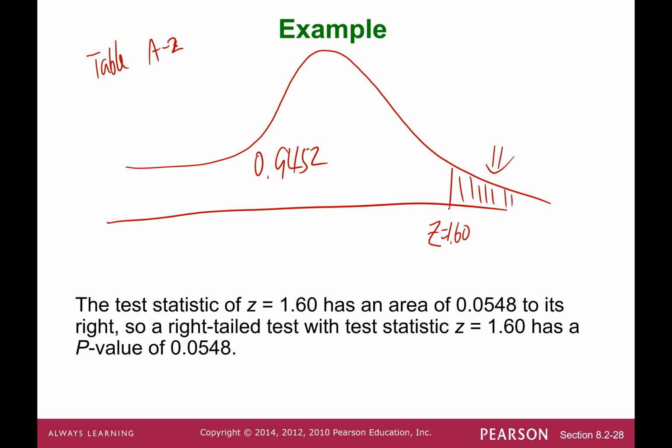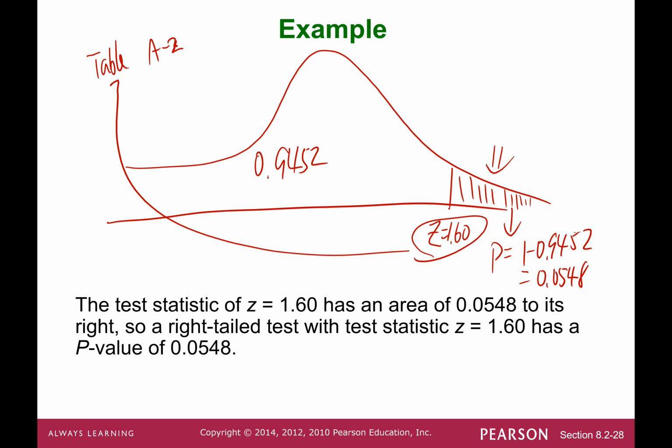We want the area to the right, so the p-value is 1 minus 0.9452. That turned out to be 0.0548. This p-value is greater than alpha.